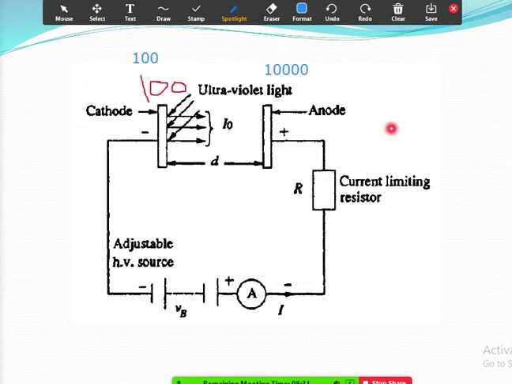Okay, so I think you might have understood. Initially the process started with 100 electrons, and in between there will be hundreds and thousands of collisions, and that will create more and more number of electrons.